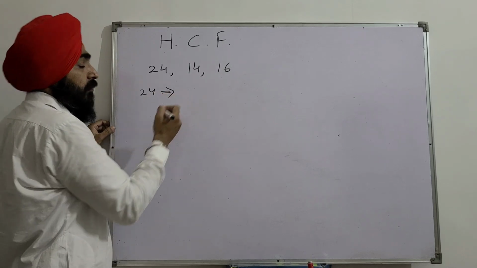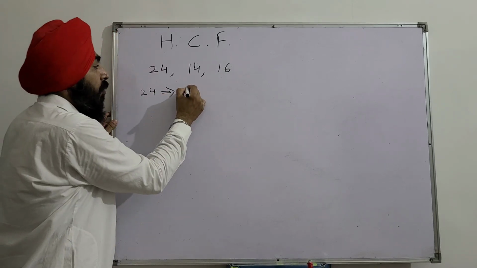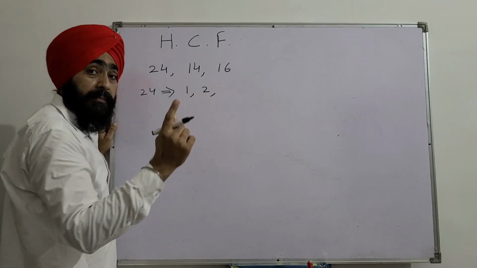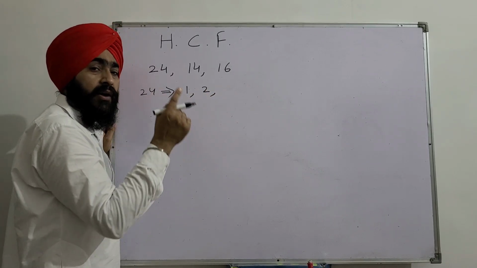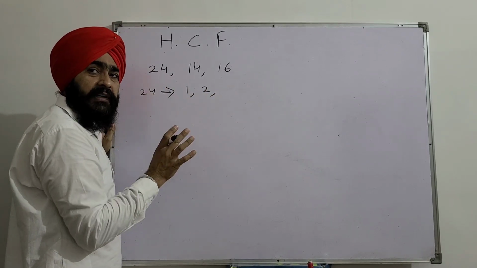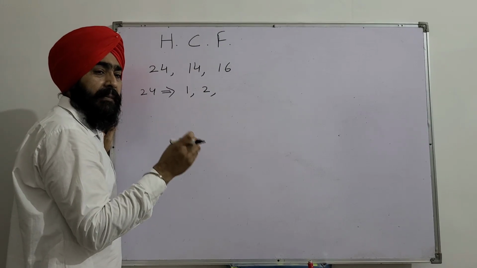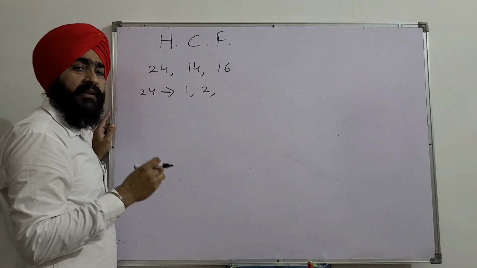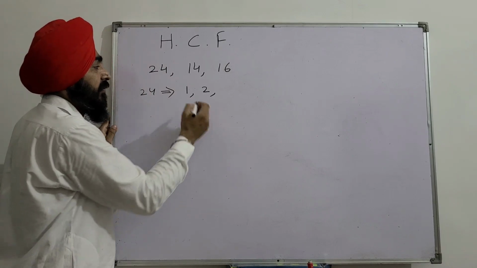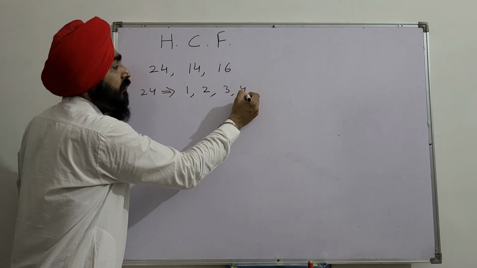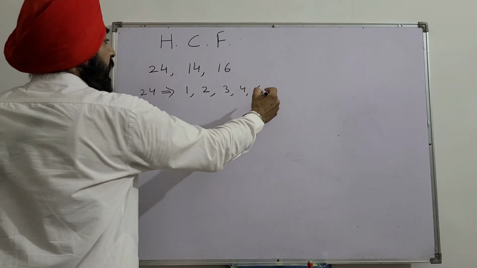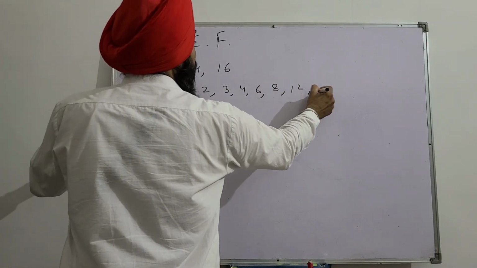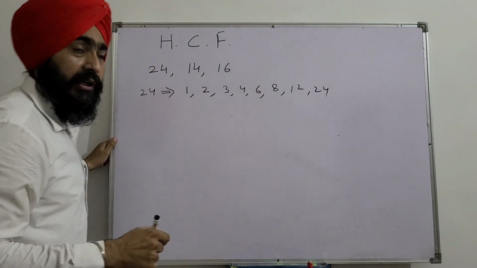So what are the factors of 24? All those numbers which divide 24 perfectly, leaving remainder 0. The list of all those numbers are the factors of 24: 1, 2, 3, 4, 6, 8, 12, 24, with 24 included.